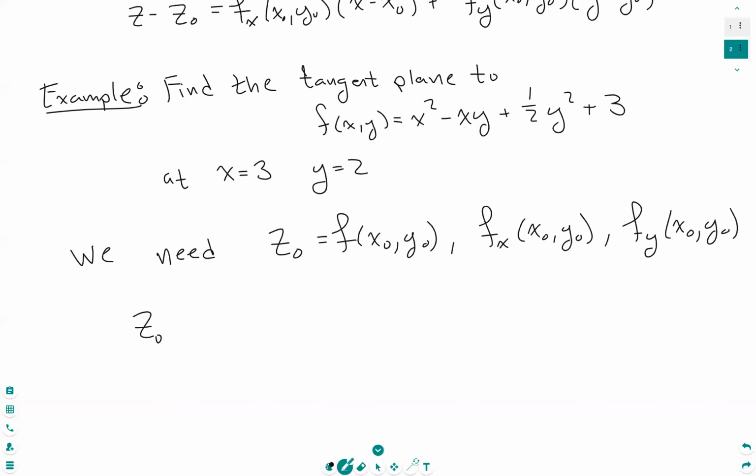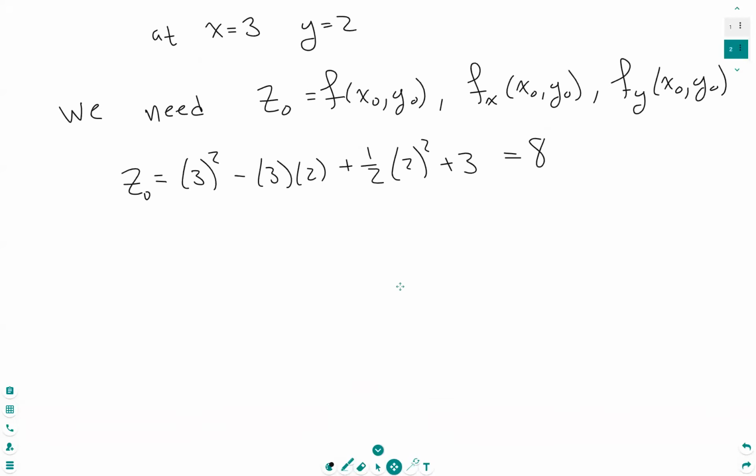So let's go ahead and calculate those things. So z naught is 3 squared, so we're just plugging in our x and y here, minus 3 times 2 plus 1/2 times 2 squared plus 3. This ends up giving us 8. So first we look at the partial derivative with respect to x.